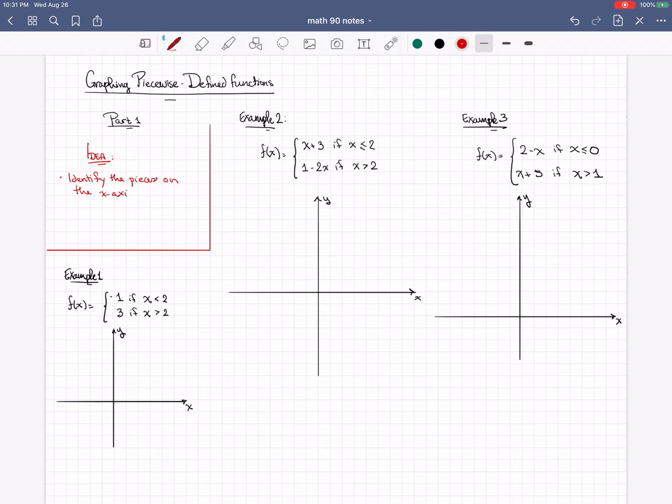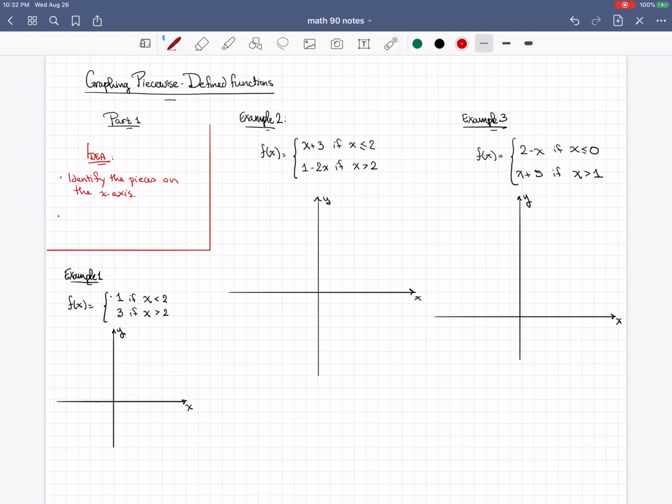Remember that for our purposes, the inputs live in the x-coordinate, which means that the x-coordinate is where the pieces of the domain are going to change. So that's the first thing we're going to do, and you'll see what I mean in the example: first, identify the pieces of the domain.